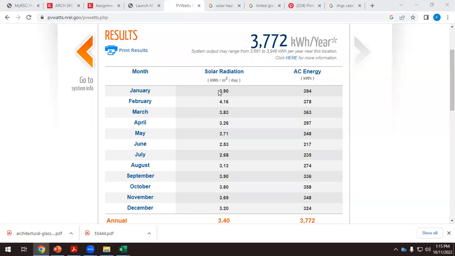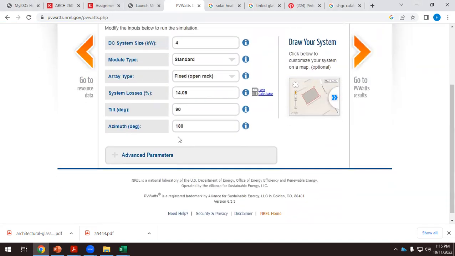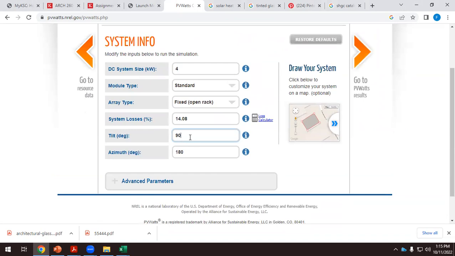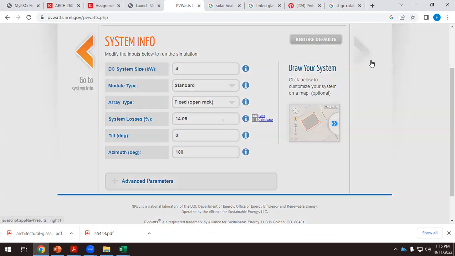We have more solar radiation in January because the sun rays are almost perpendicular to the wall, because I have done this for a perpendicular wall. If I change this angle, now if the angle is 0, that means it's a horizontal surface, and I don't change the azimuth.